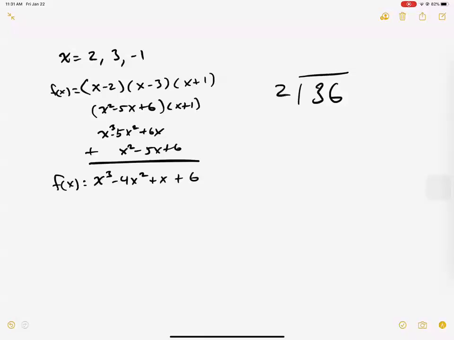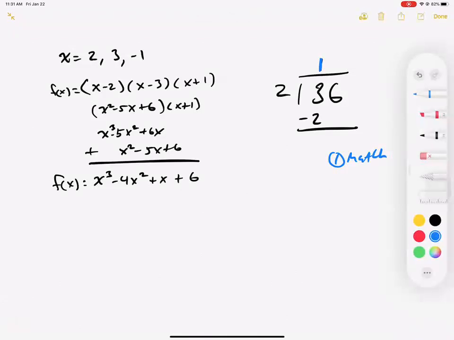Okay, I'm going to real quickly go through the steps of long division. We match. Then the second step here is we multiply downward. So match, then multiply.